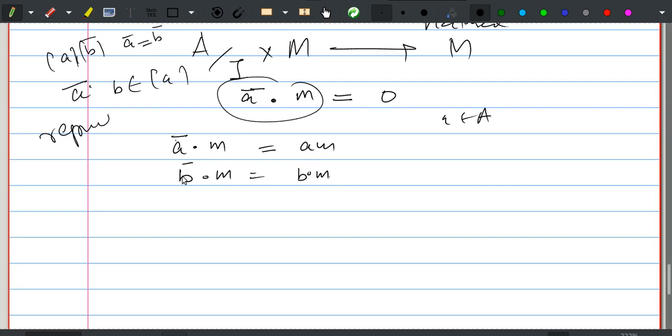So a bar and b bar are equal, but we cannot say whether a and b are equal, so a and b may not be equal. So in that case, this operation over here may not be well defined.